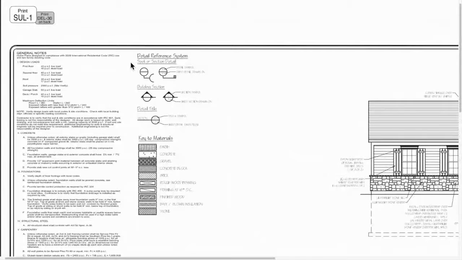Right, remember I said that oftentimes plans will have symbols that indicate sections and details. Again, in this drawing, they're telling you what the convention is. So when we look here, we'll see if we can find that stuff. Right, so here's a building section, a section detail, a key of materials.